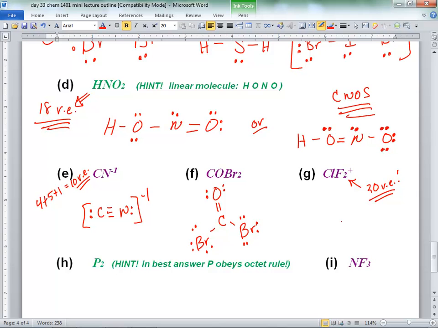You only had 20. You're tricky. Keep going if you got this. Hint in this answer: P for base. Let's see. Here is 5 plus 5 equals 10.